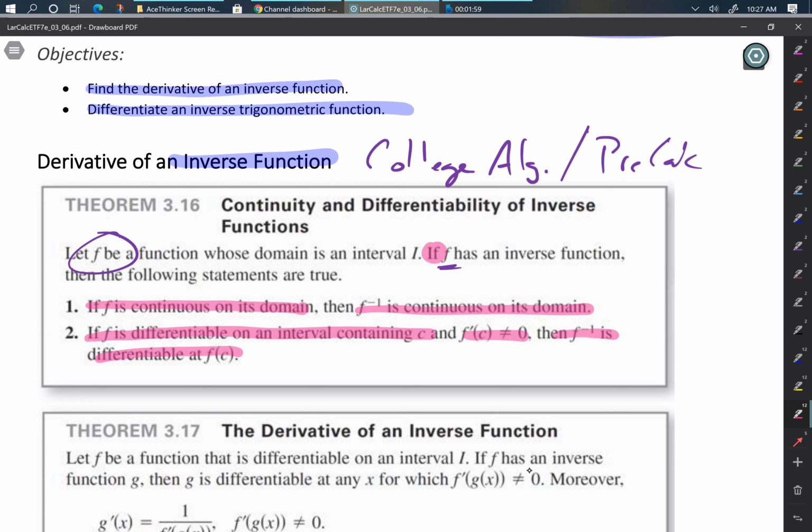So if you have a function that is differentiable on an interval containing a number c, pick that to be any number you want, and the derivative there is not equal to 0, then the inverse will also be differentiable at that same value.